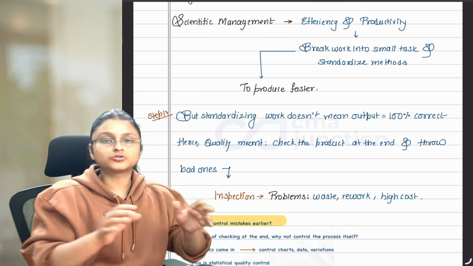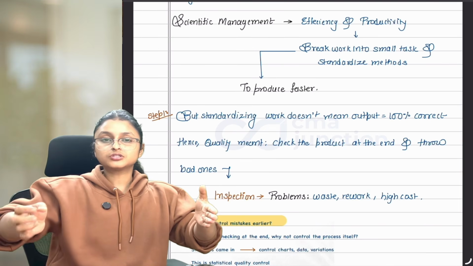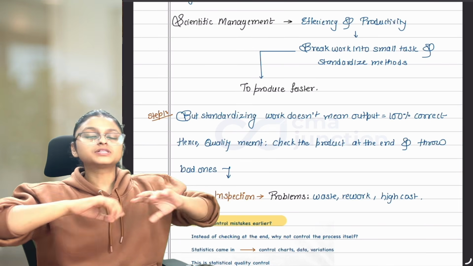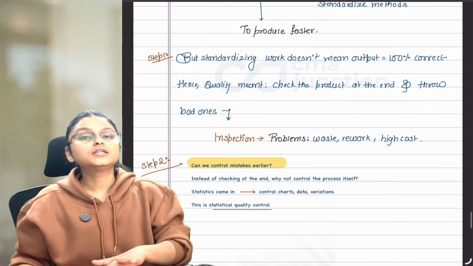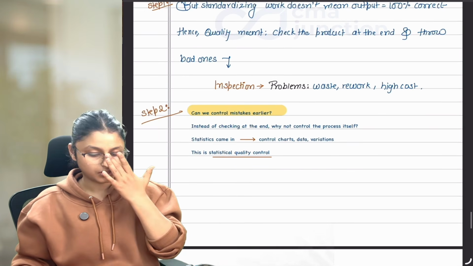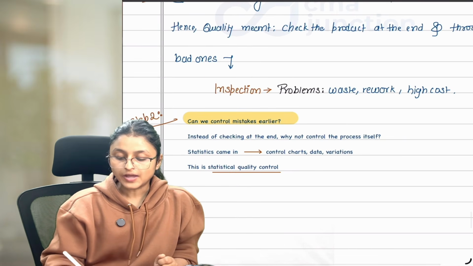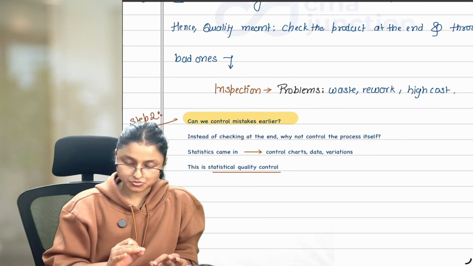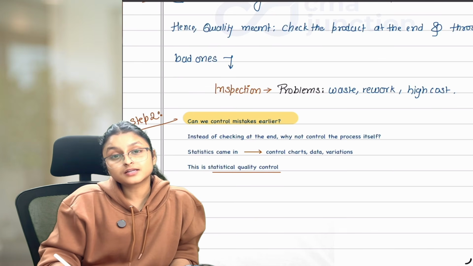And to do both of these things, to check the product in between of the processes and to check only the samples and not the whole batch, we used statistical quality control. Now what it is, let's understand. Now, as inspection was having some issues, we thought about that, can we control mistakes earlier?